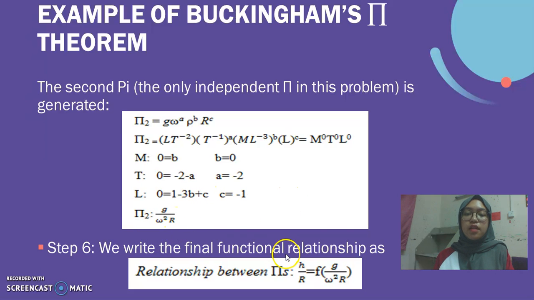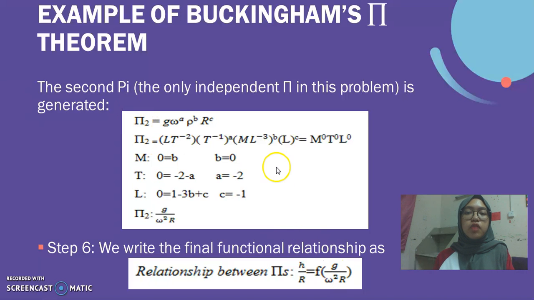Next, the final step is that we write down the relationship between the pi's. The first pi equals a function, in brackets, of the second pi.